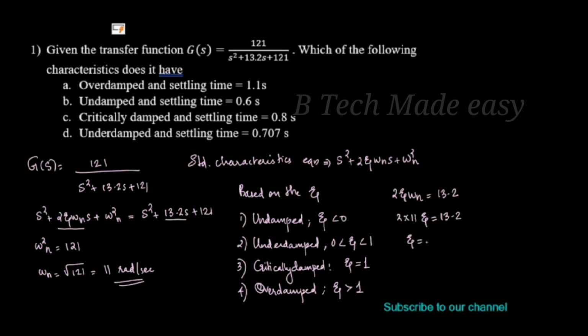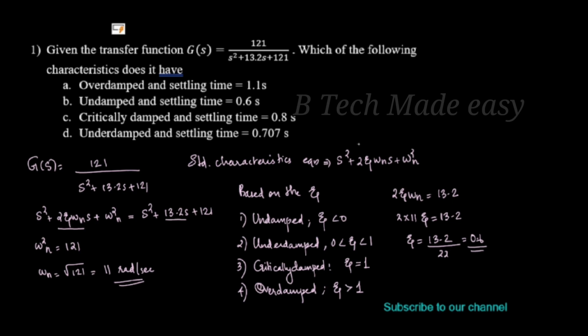That means damping ratio zeta is equal to 13.2 divided by 22, which is equal to 0.6. The value of zeta is equal to 0.6. That means the damping ratio is less than 1 but greater than 0. So, we can identify the system as underdamped, right? Underdamped system.